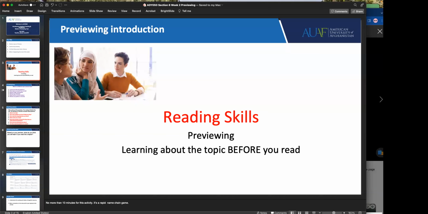Skimming we're going to come back to because I don't know that you know exactly what skimming and scanning are. Look at the pictures, read the headlines. You don't know the main idea necessarily. Look at words that are repeated, and you might want to look at words that are bold. And sometimes textbooks will have key takeaways or keywords. You want to look at those too. Pictures, subtitles, those are all important things to look at.